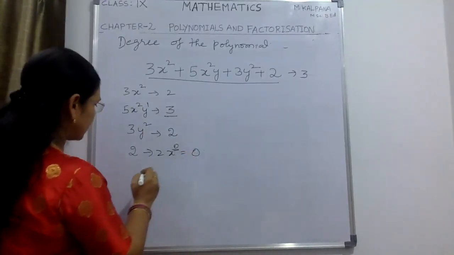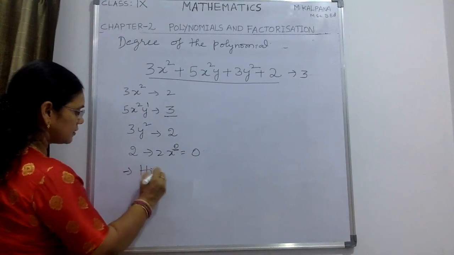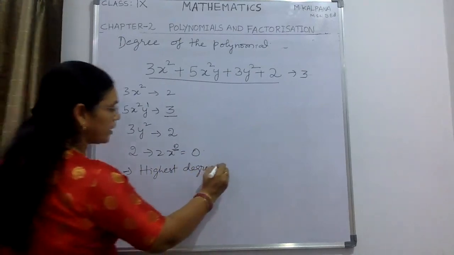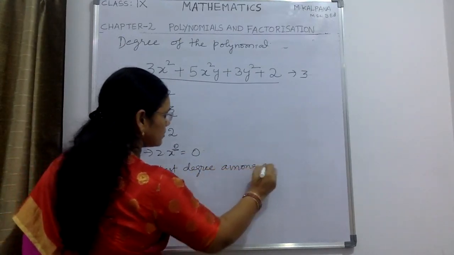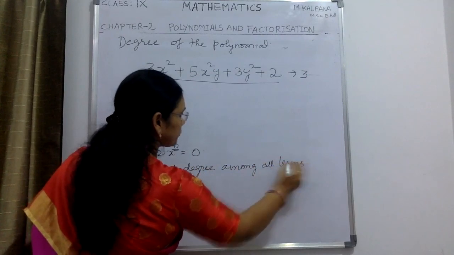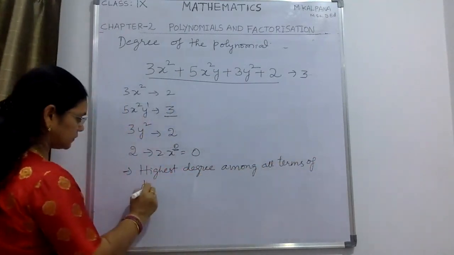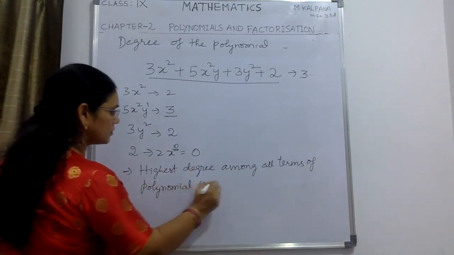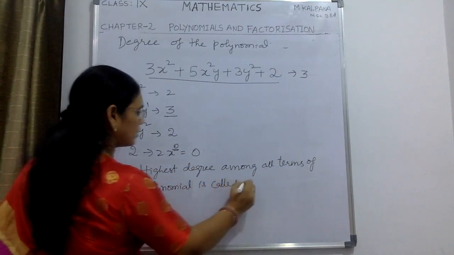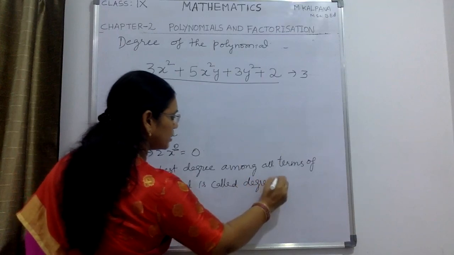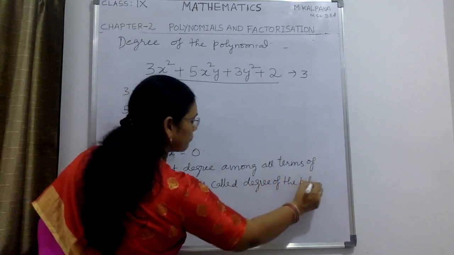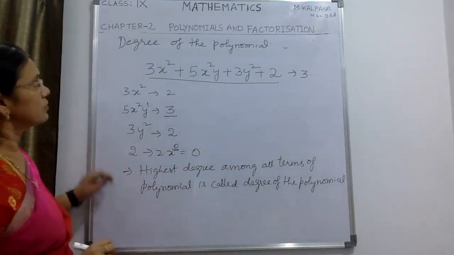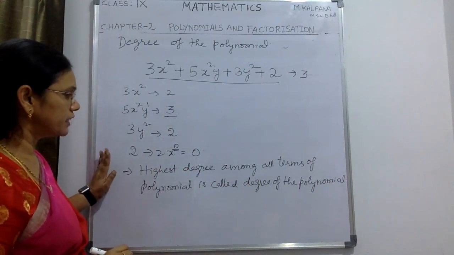So the degree of the polynomial can be defined as the highest degree among all terms of the polynomial. This is called the degree of the polynomial. So this is the given degree of the polynomial.